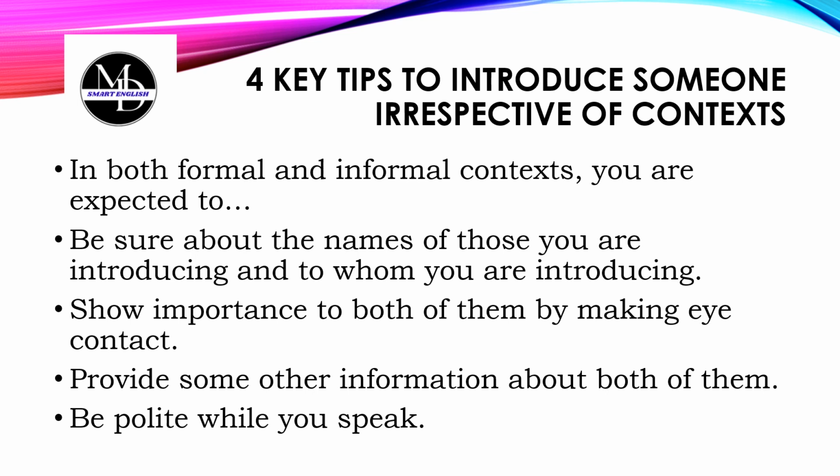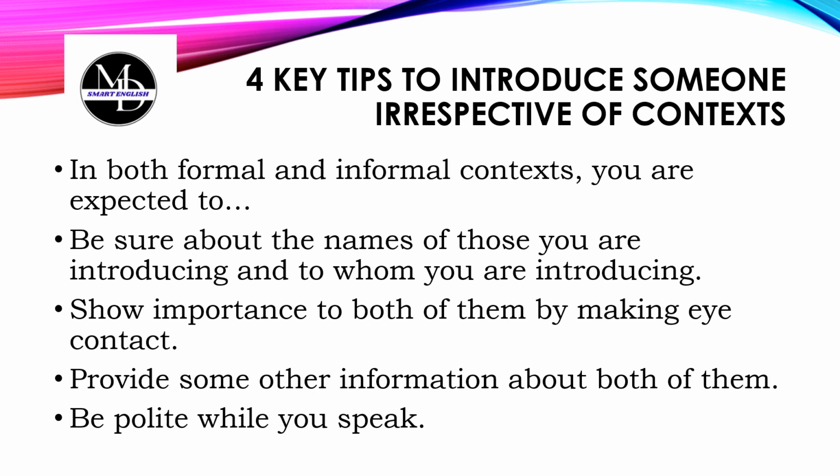Now let us see 4 key tips to introduce someone irrespective of context. In both formal and informal contexts, you are expected to be sure about the names of those you are introducing and to whom you are introducing. Show importance to both of them by making eye contact. Next one, provide some other information about both of them.